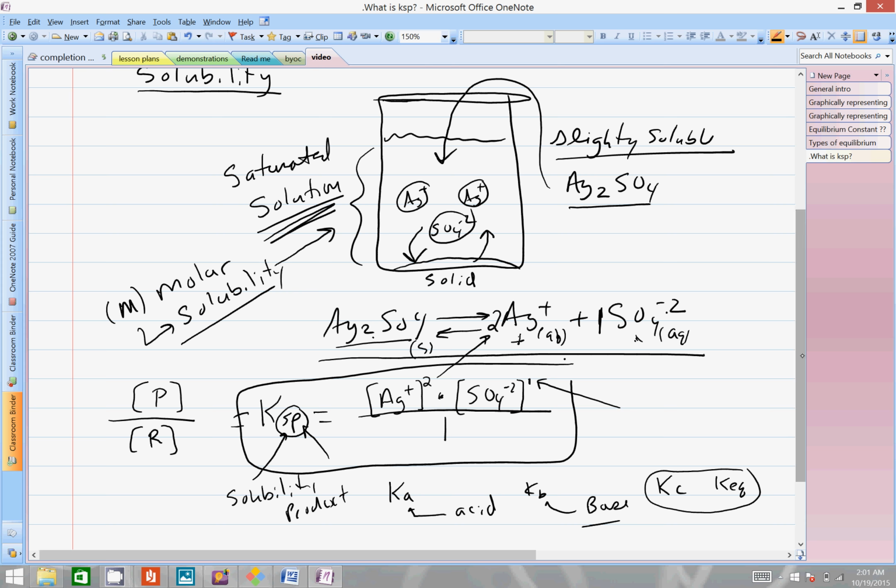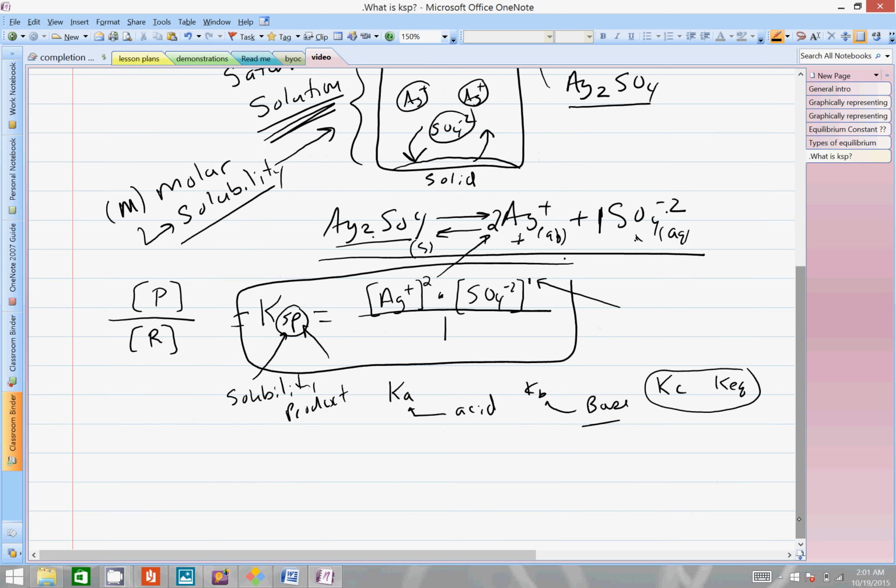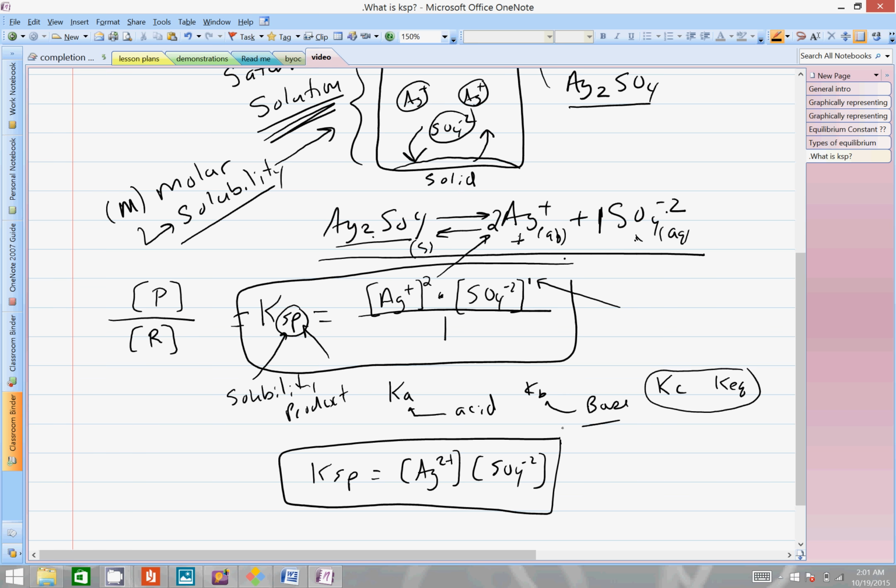So another more common way of writing this is just going to be the KSP equals the concentration of Ag plus, bracket, squared, times the concentration of SO4 minus 2, bracket, and this is it. Pretty standard thing that we'd want to be able to do with a KSP.